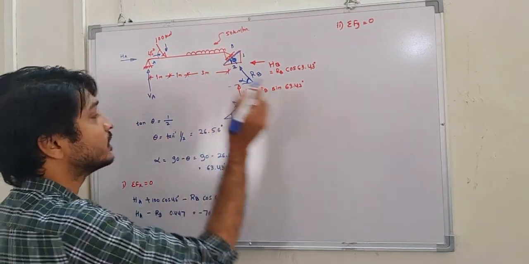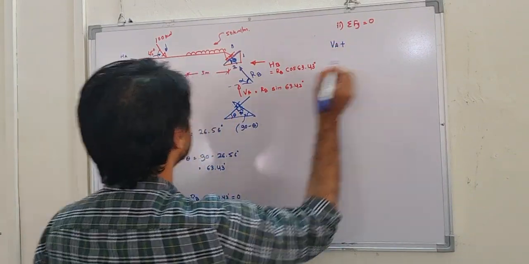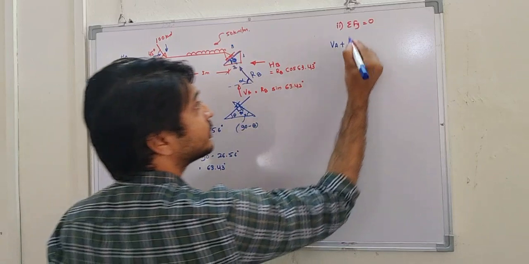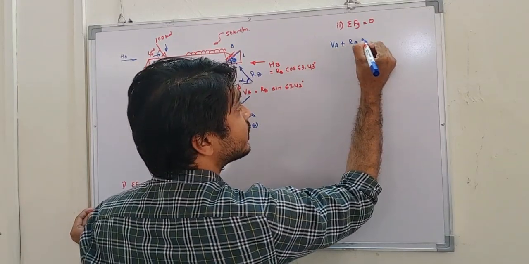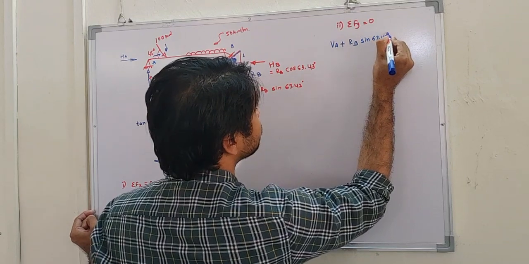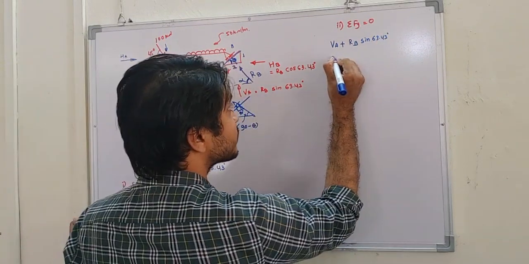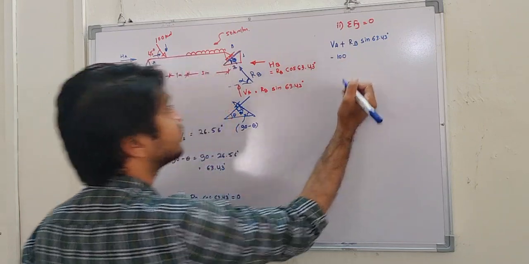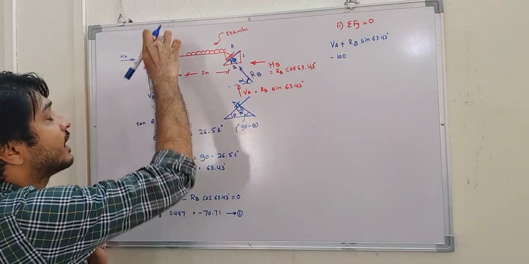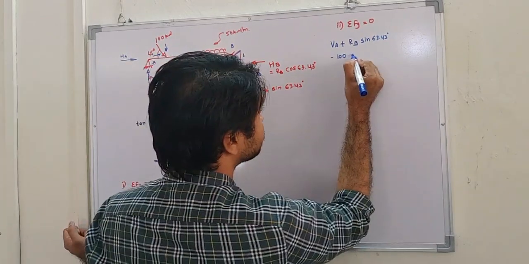So I write VA plus RB sine 63.43 degrees, and the downward force minus 100 sine 45.